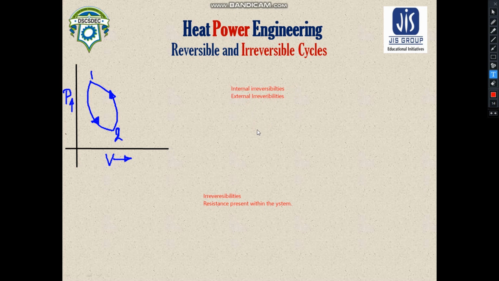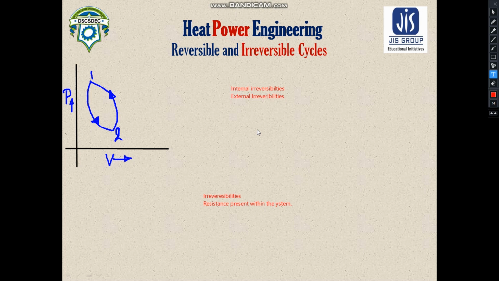Now, what do you mean by internal irreversibilities? Just now we have discussed it. It means the internal resistance which is present within the system. So when a solid is moving over a solid surface, there will be friction, there will be fluid viscosity present within the fluid flowing system. You will find resistance in case of electricity flow. So these are the internal irreversibilities which are always present in the system.